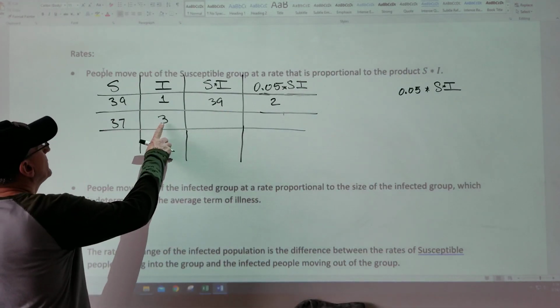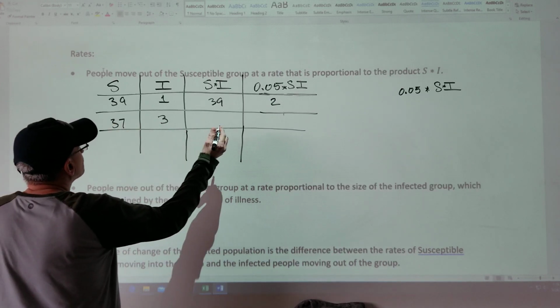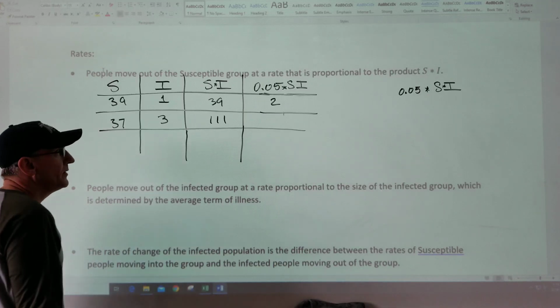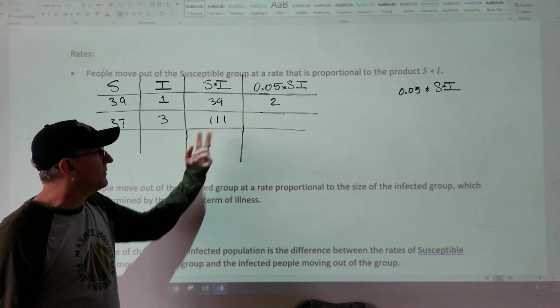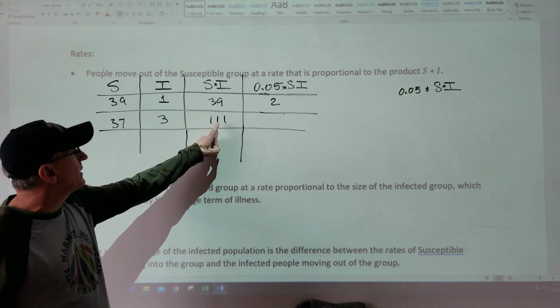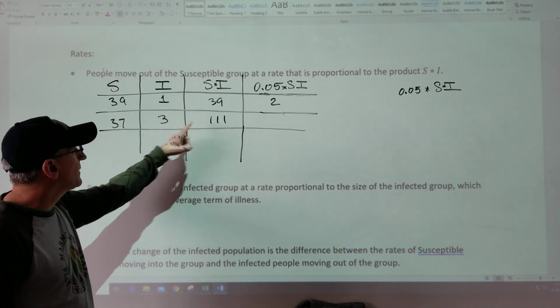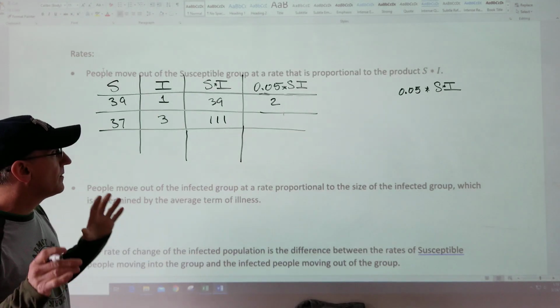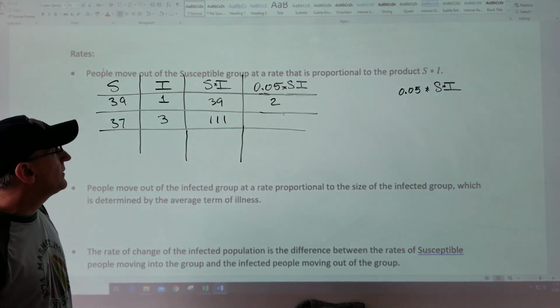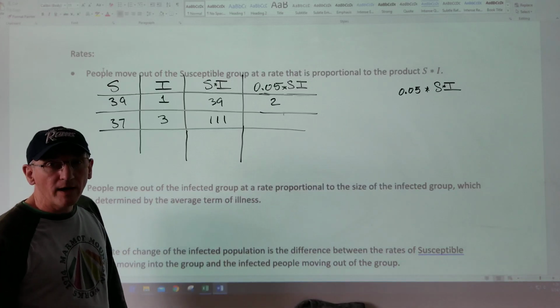So if I multiply 3 times 37, I get 111. And the units here, if you're keeping track, would be people squared. So basically, there's a possibility of 111 different transmissions on this day. And some fraction of that, 5%, is going to be how many people get infected.